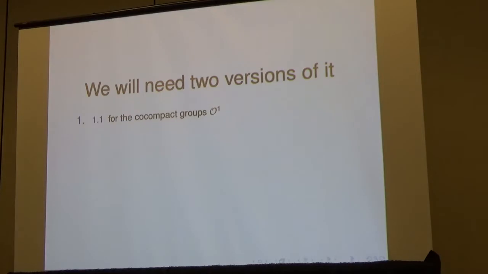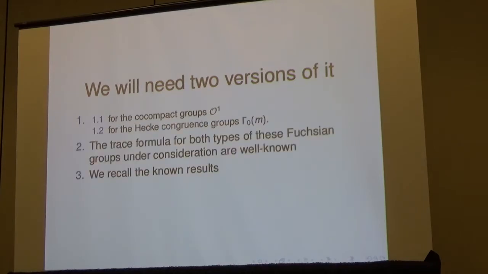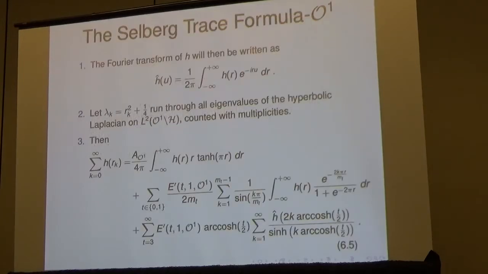Essentially we take two versions of the Selberg trace formula, one for the co-compact groups and the other for the Hecke congruence groups. The point is that it's hard and easy at the same time, because the trace formulas for both of these types of Fuchsian groups are well known. Broadly, the Selberg trace formula for the co-compact group looks like this.